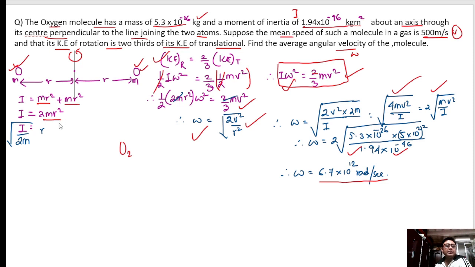Total moment of inertia is this. So R will be this. Okay, this is the total moment of inertia. So here we are using the total moment of inertia, 2mr square omega square. We get the omega, and now we know that I omega square is this. Putting the value of omega, we calculate the angular speed of the rotation. Clear?